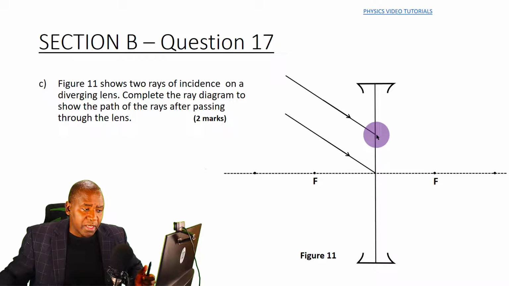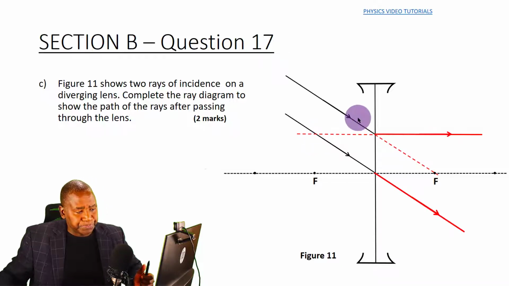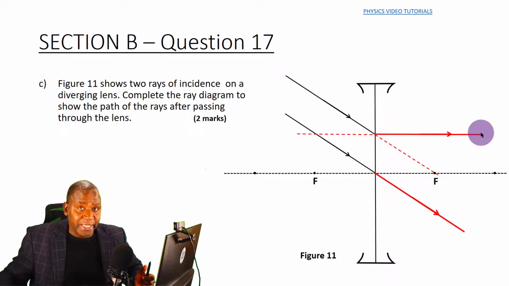And using this refracted ray and this refracted ray, I would extrapolate this one backwards and see that they meet somewhere around here. And this is the diagram that I got. So this one, because it appears to pass through here, would be refracted parallel to the axis. When I extrapolate it backwards like this, they meet somewhere around here. And this would be the focal plane.